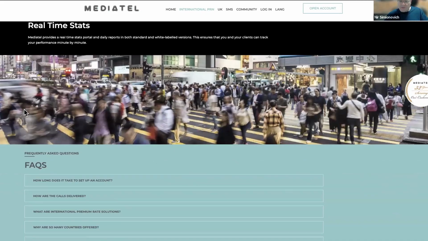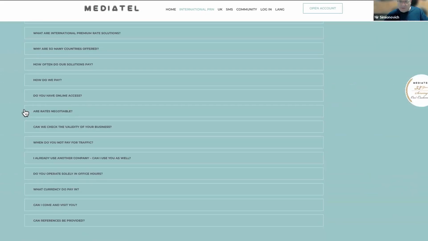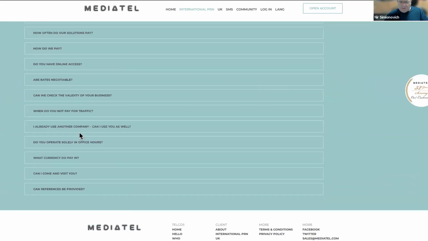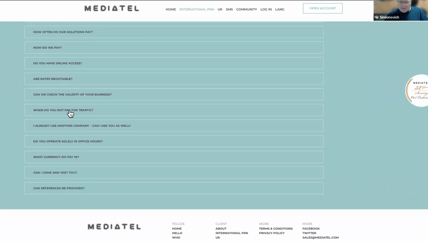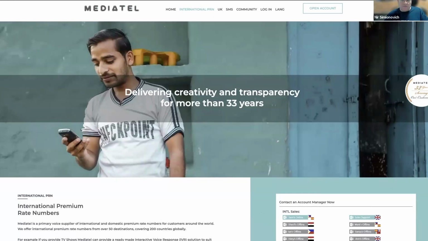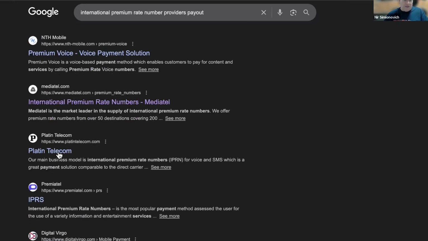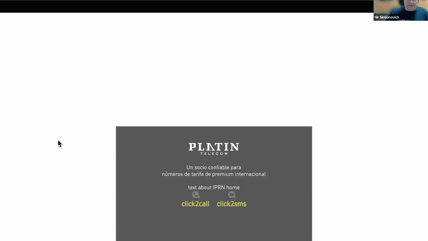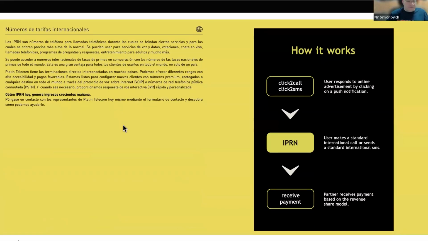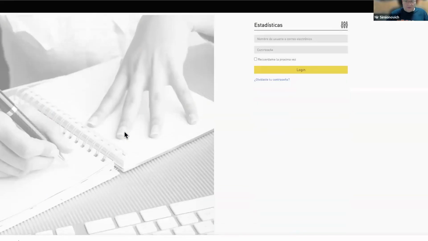Access app. SMS. Let's see. Negotiable, deal, and so on. Even they don't publish the rates. What else? Sometimes these can be as low as sub-cent, and sometimes they can be up to 10 cents a minute.